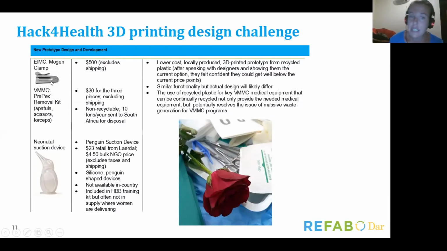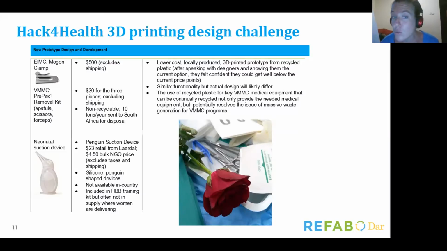The PrePex is a wonderful new technology for adult male circumcision, which has been shown to reduce HIV transmission. The PrePex itself is plastic, so it costs like $4. That's not a big deal. But the kit that it requires for putting it on and taking it off is $30. Wow.